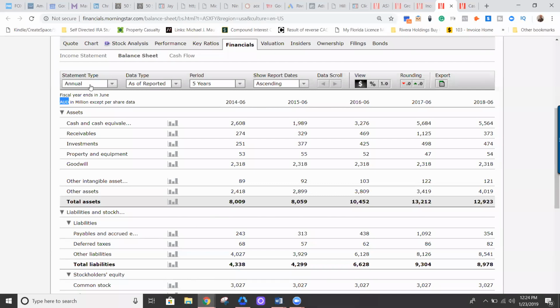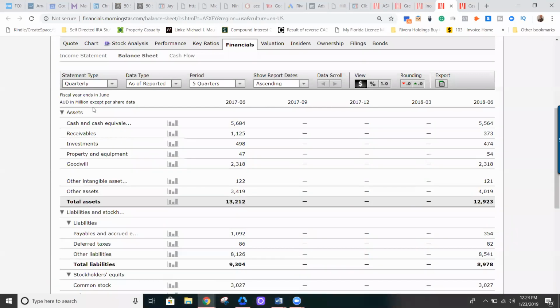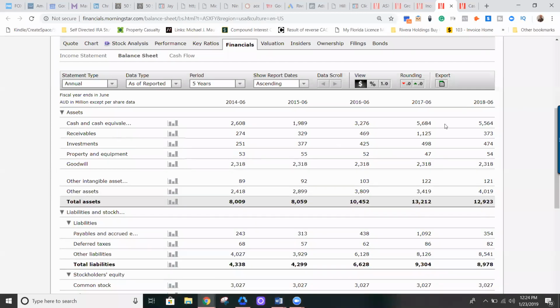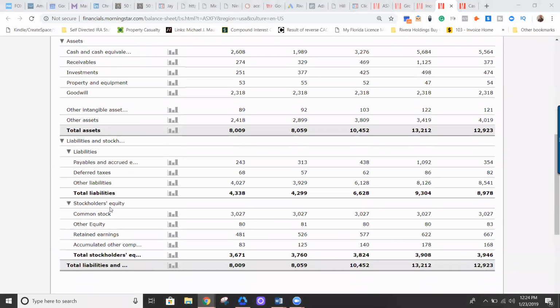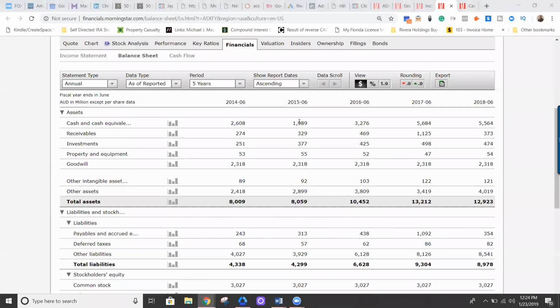Second thing that David mentioned, always make sure you're on the right thing. I'll probably mess up here because I still mess up on this to this day. I'm always on the quarterly numbers when I'm on Morningstar, except when I'm doing the owner's earnings calculation, especially when we get to the balance sheet, because that's year over year. For this, it's not that big of a deal.